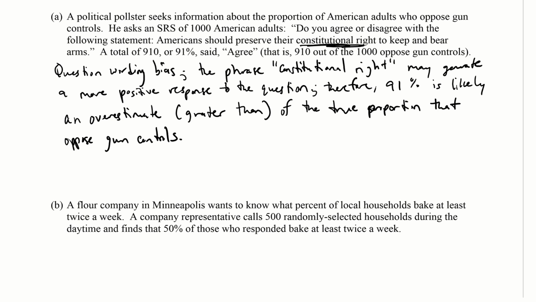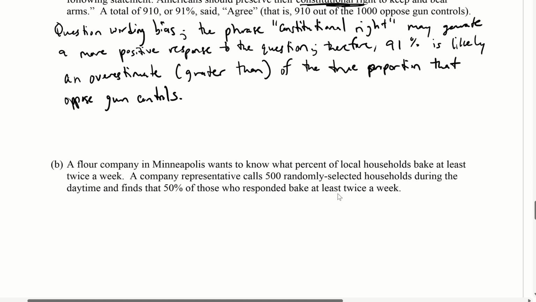All right, so it's likely that it's greater than, and the reason is the whole constitutional right. They could have just worded it as, do you want to keep and bear arms or something like that, instead of including that phrase, which may have skewed in one direction.